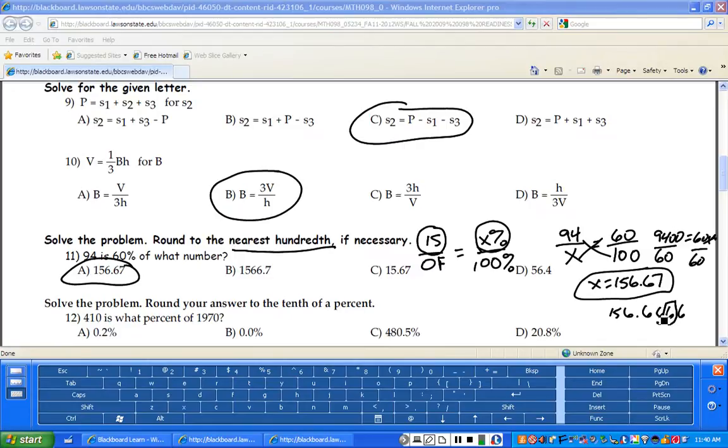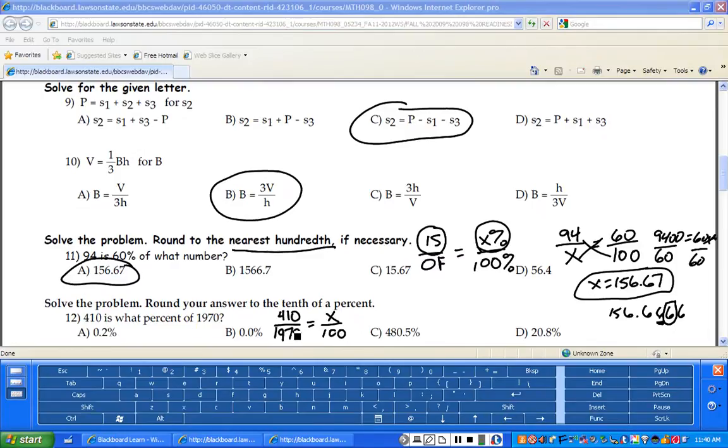Alright, so we're looking to do the same thing here for number 12. Is over of still equals some percent over 100%. So they give us 410 is, so 410 is what percent? So now we don't know the percent, so we put the X there, and it's always over 100. And then of 1970.